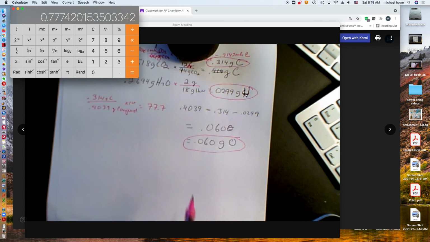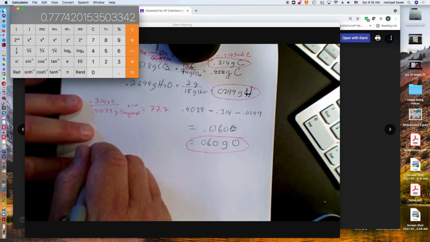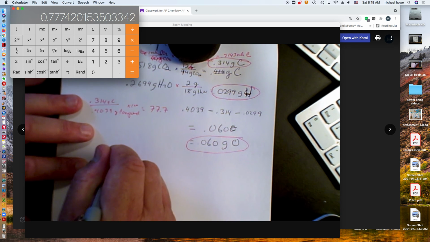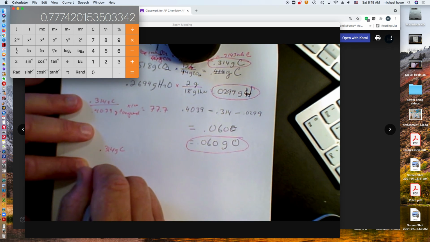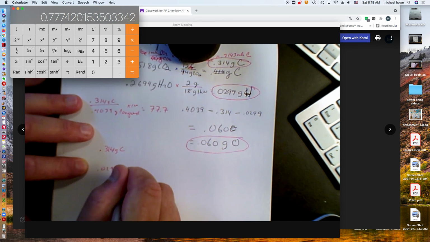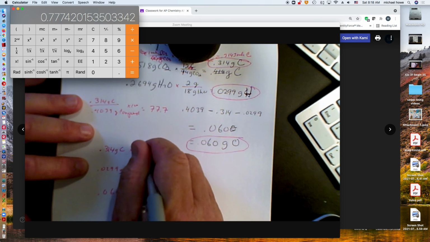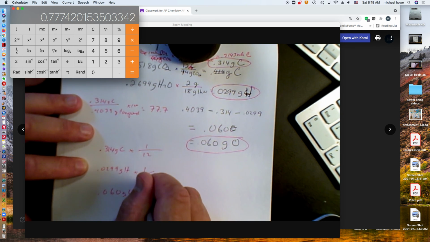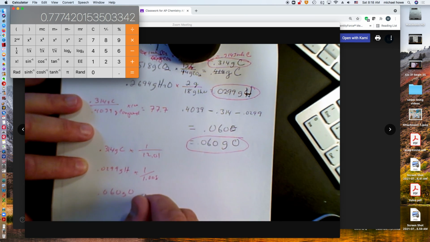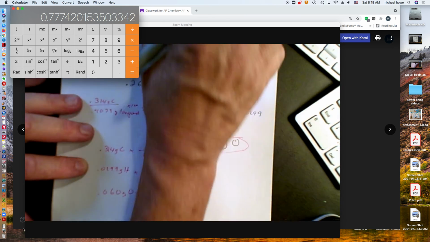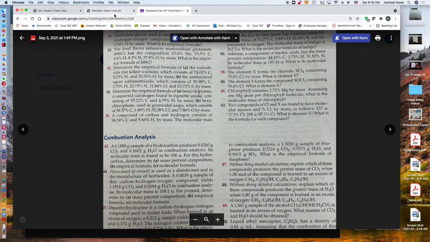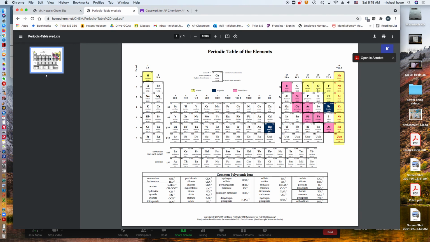All right, now the next question is, what's the empirical formula? So for the empirical formula, you've got 0.314 grams of carbon, you have 0.0299 grams of hydrogen, you have 0.060 grams of oxygen, 1 over 12.01, 1.008. Oxygen's right at 16, might be 15.99, let's just double check. Our table says 16.0, so we'll just use 16.0.